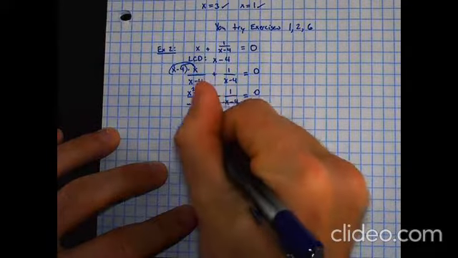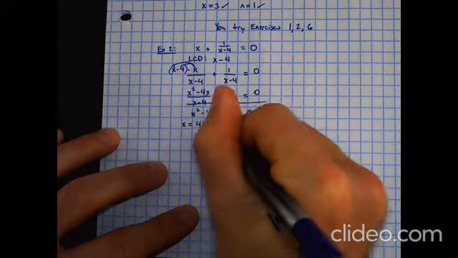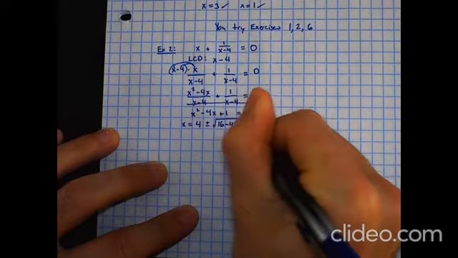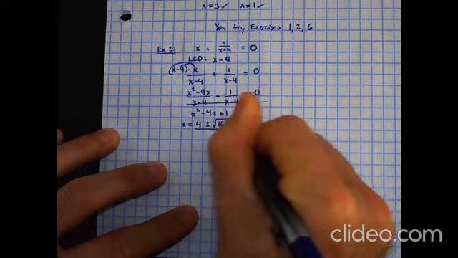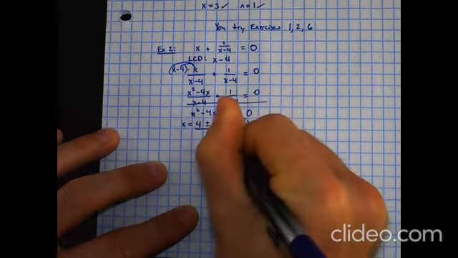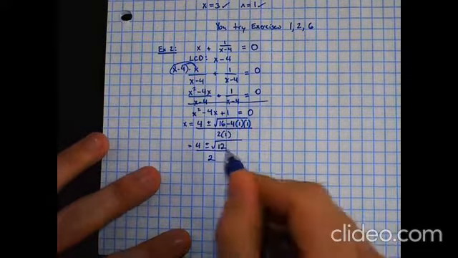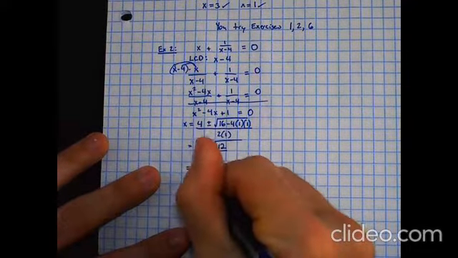So negative b plus or minus square root b squared minus 4ac all over 2a. Simplify that out. So we got 16 minus 4, that's a 12 over 2. Root 12 has a 4 inside it, so a 2 is going to come out, leaving 2 root 3.